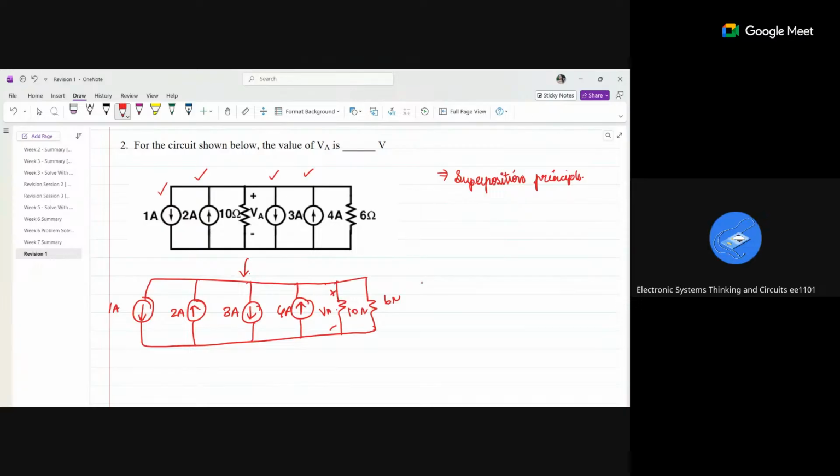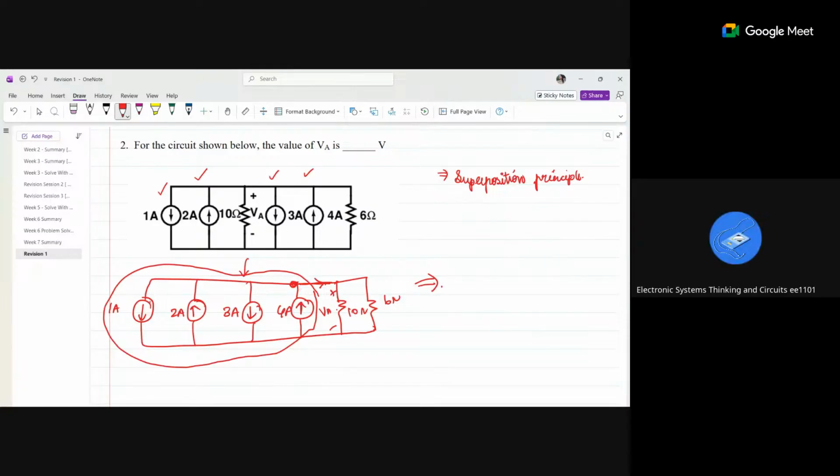Now, what I will do is I will apply KCL and find what is the current flowing here. What is the current flowing here? So at this node I will apply. 2 ampere.